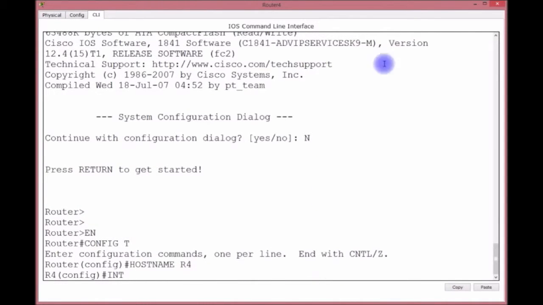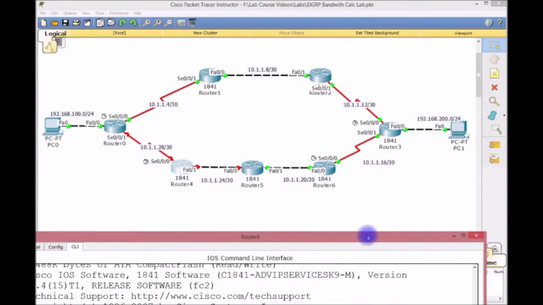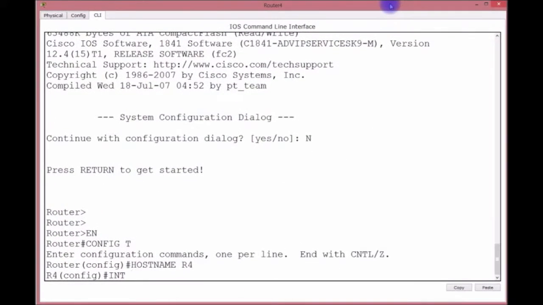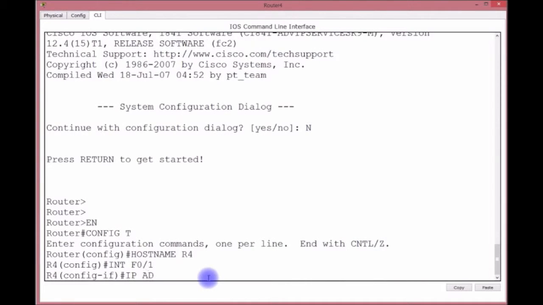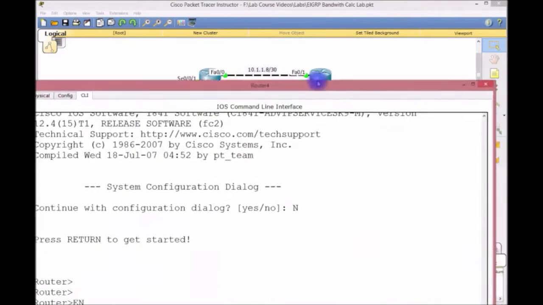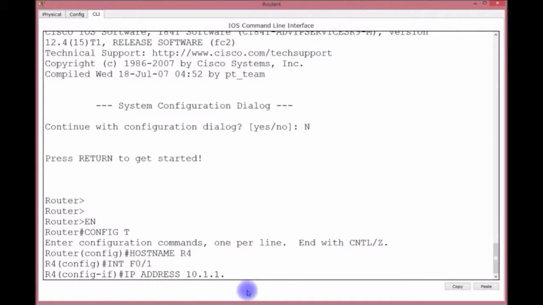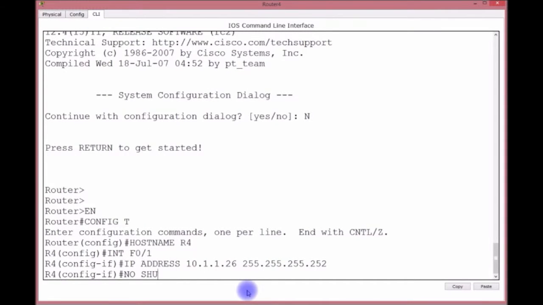Interface F0/1. Enter. IP address 10.1.1.26. Yes, 26. 255.255.255.252. No shut. Please come up.